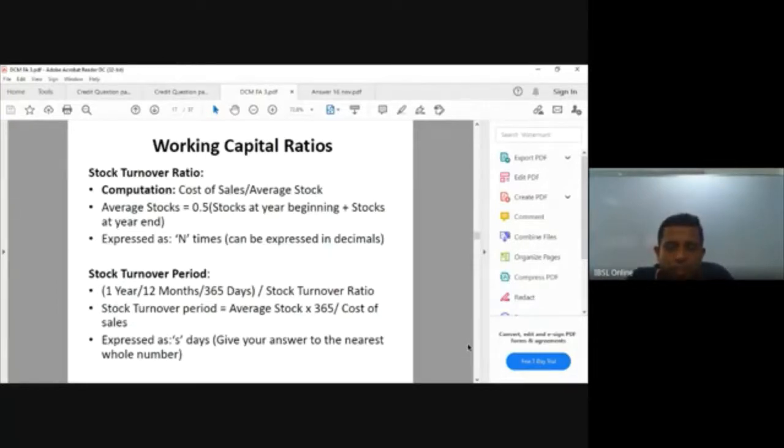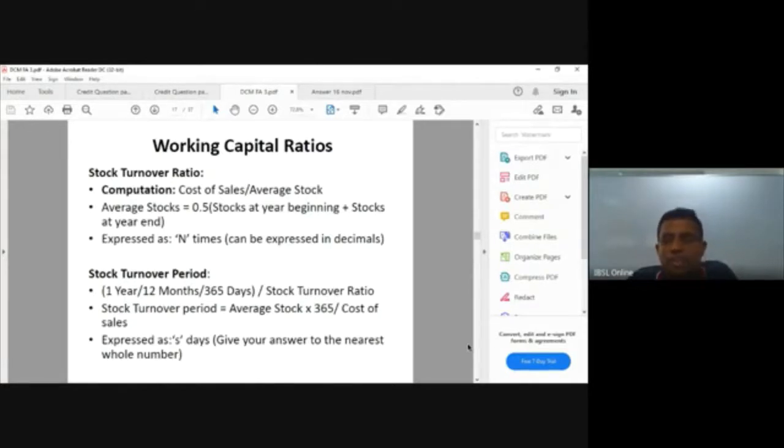For example, after calculating this number of days, one company has an answer of 60 days, meaning it will take 2 months to convert your inventory into sales. Another company's answer is 15 days. Which company is better? The company that takes fewer days to convert inventory into sales is the better one.